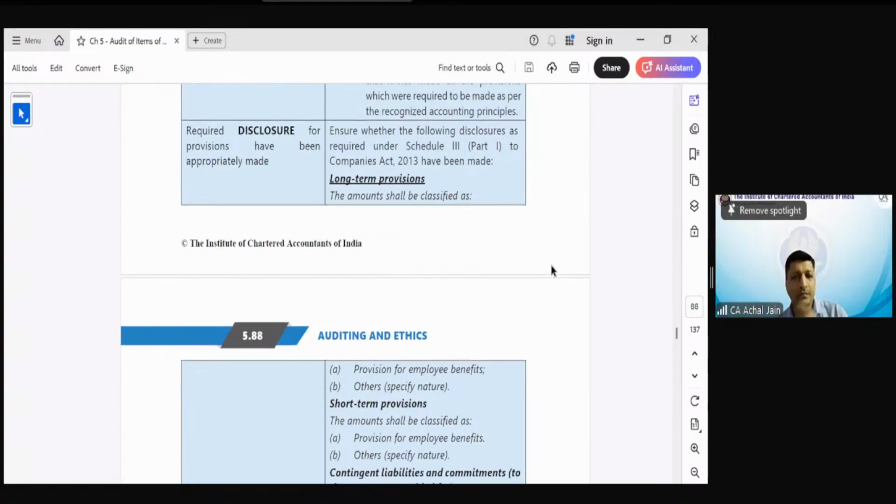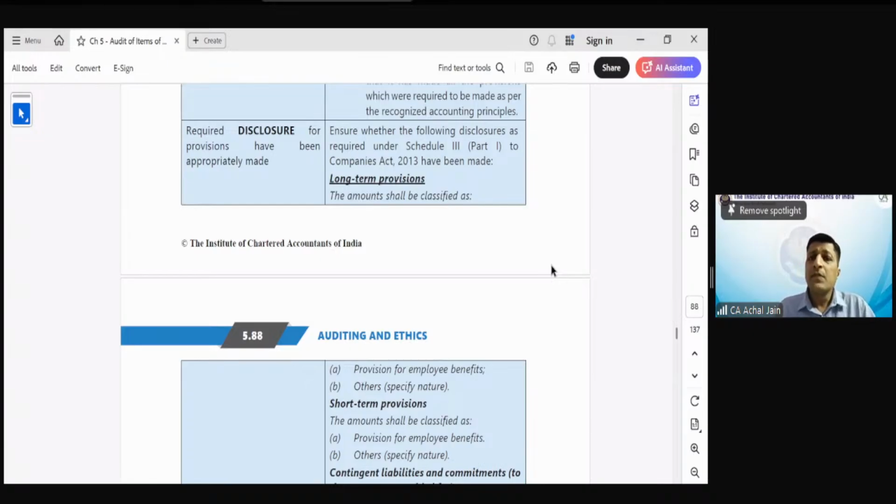Then the next aspect is about the presentation and disclosure requirements. Yes or no? Presentation and disclosure requirements. So here again, if you look at the presentation and disclosure requirements, what is it that the auditor will do? The auditor will once again look at the criteria of Schedule 3.